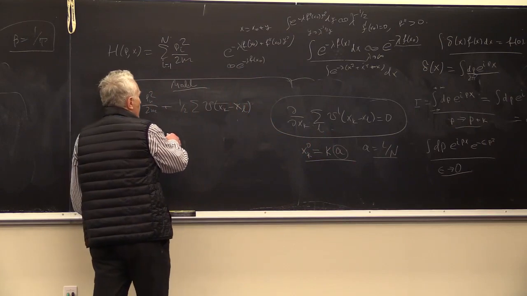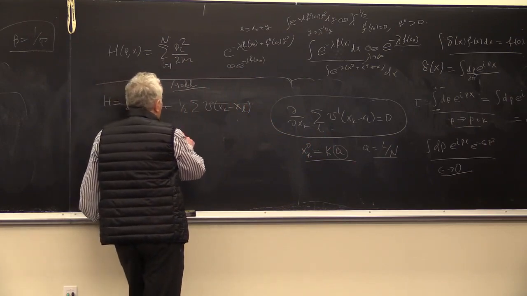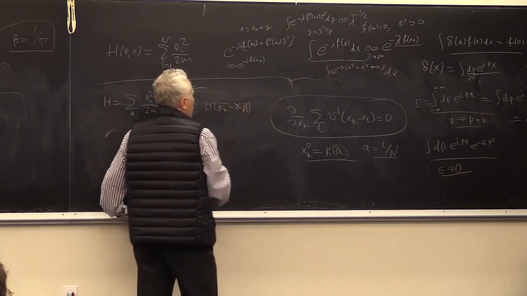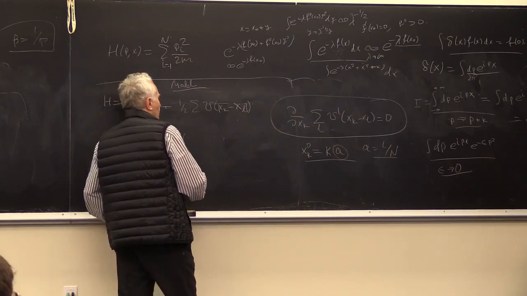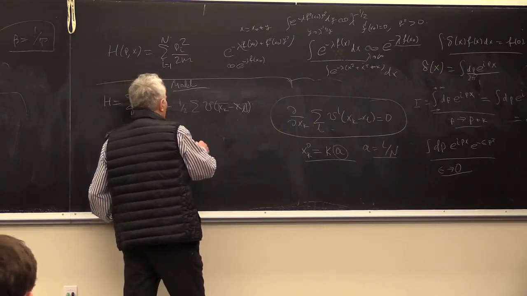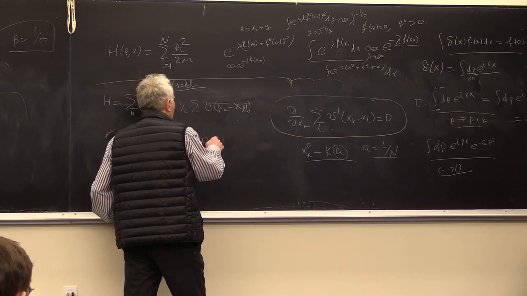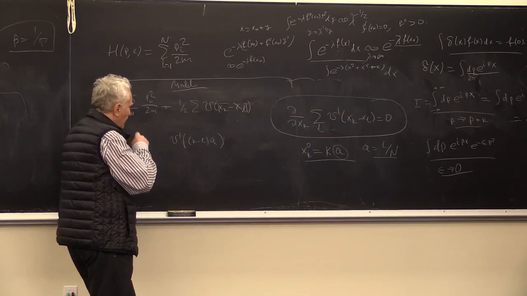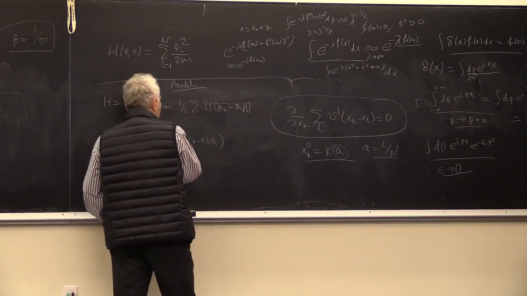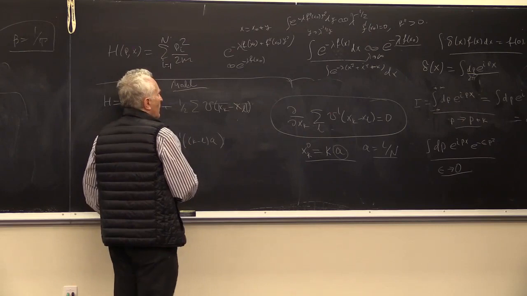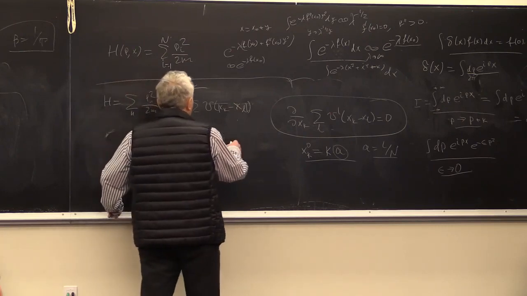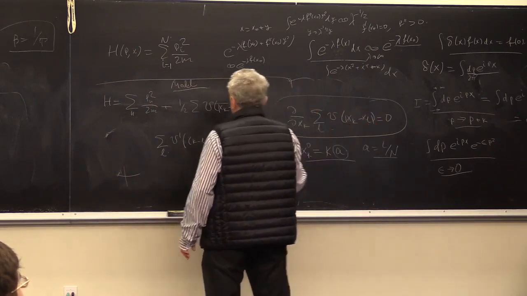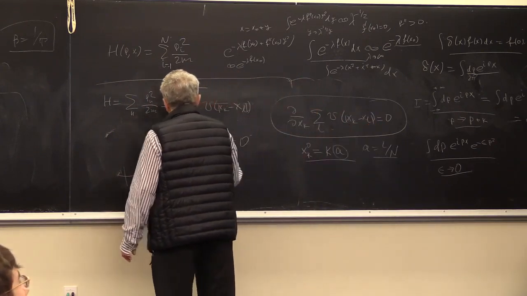But actually, what's happening is I have V prime. I will better put the absolute value here. V prime of (k minus l) a, and I have a sum over l, and this should be 0.